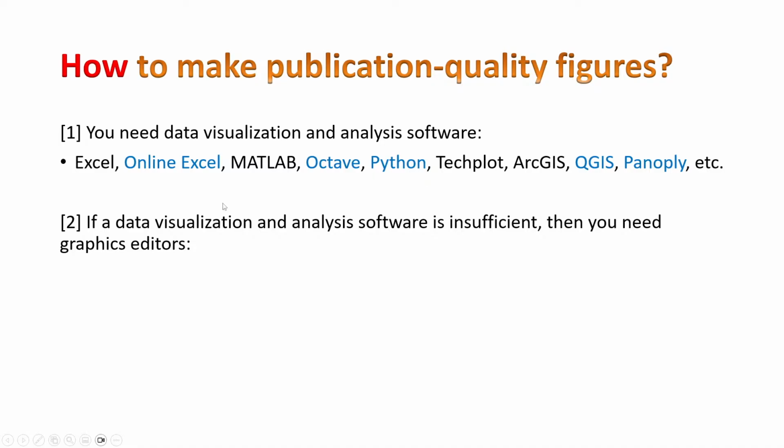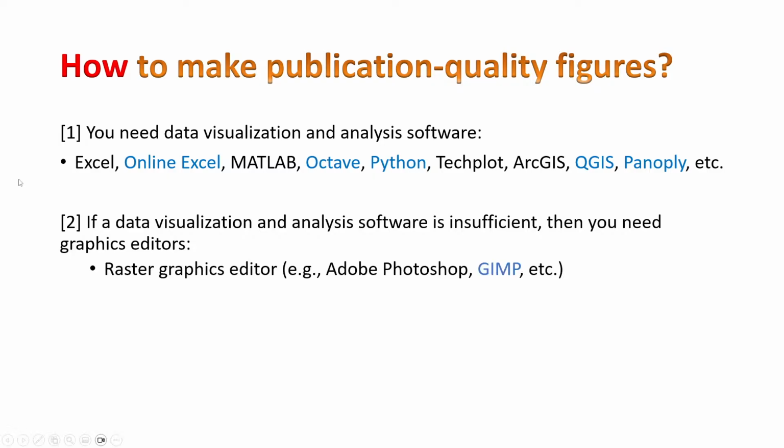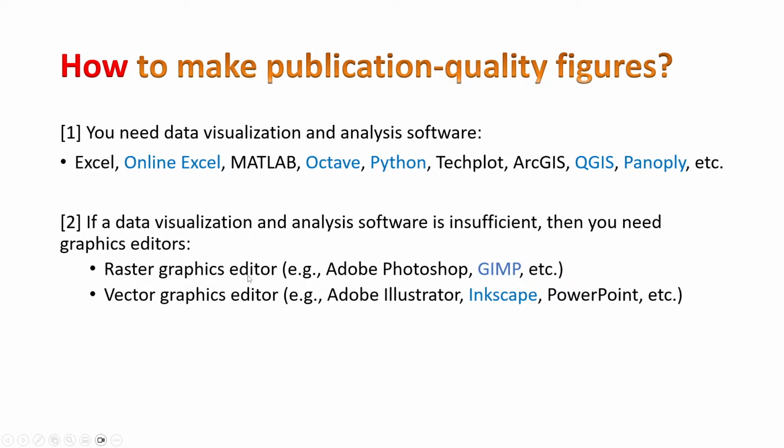But before you select which tool to use, there is one simple thing you need to understand. There are two types of graphical editors. So for graphical editors, there are raster graphical editors and there are vector graphical editors.